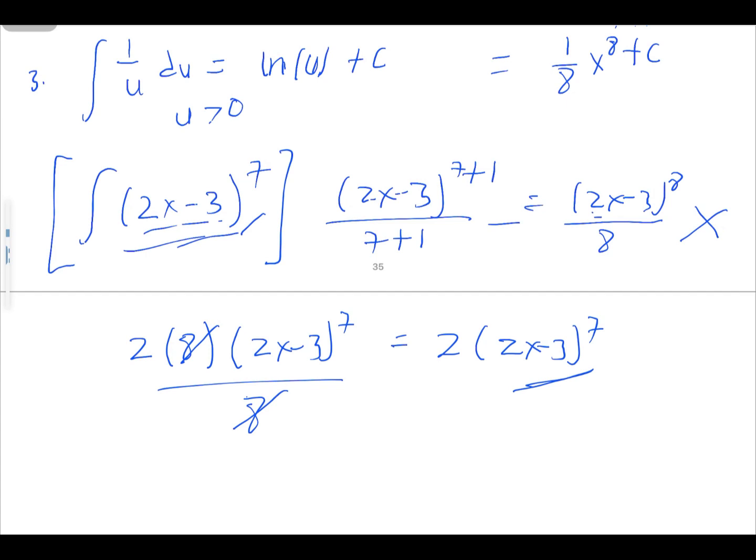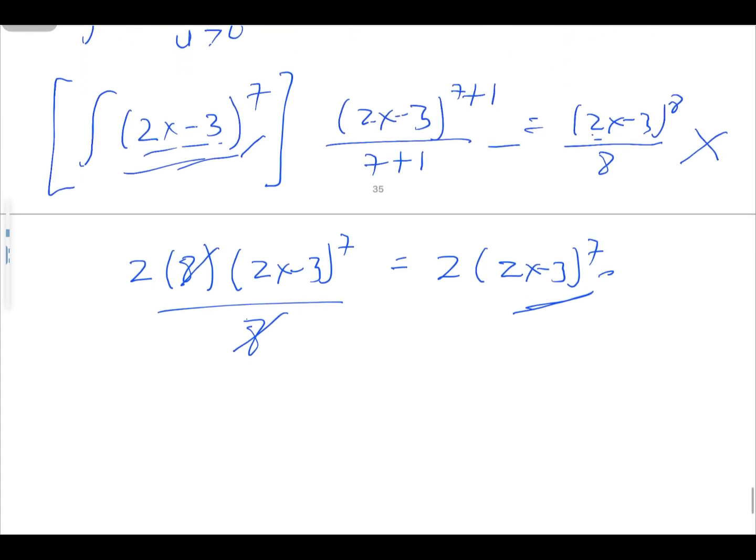So let's proceed. Since this one is not the same as this, it means that our method is incorrect. In such a case, we have to make whatever is inside the brackets be represented by u. And therefore we can say that u equals 2x minus 3.